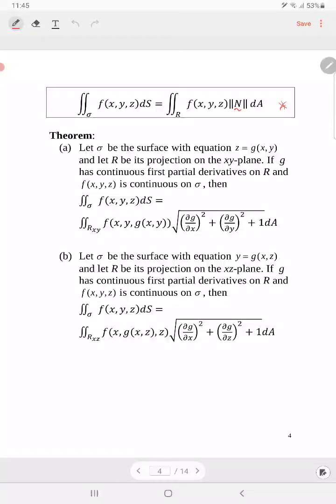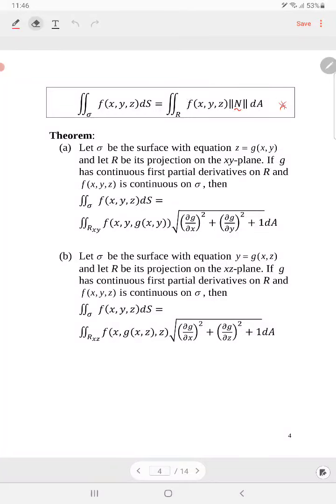So the integral of f(x,y,z) ds over surface sigma can be evaluated by projecting surface sigma onto a region, where ds is equal to magnitude of normal vector dA. Now I'm going to show you how to evaluate this.